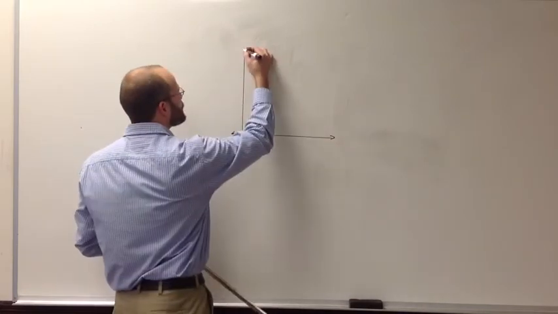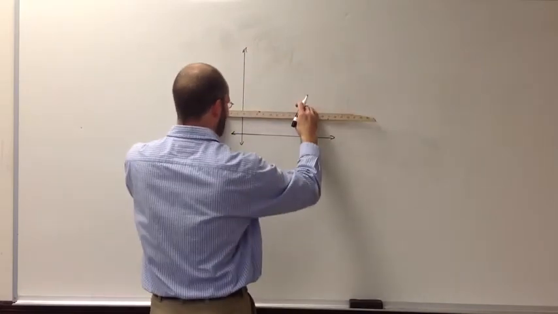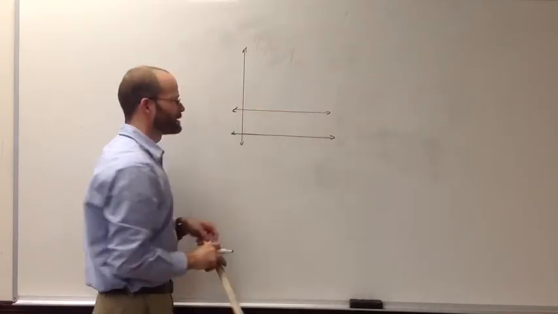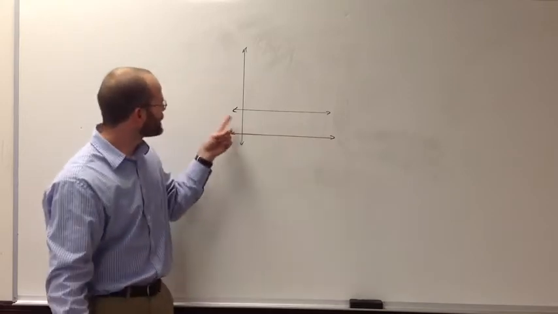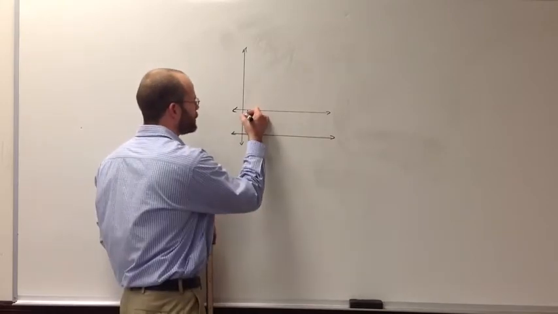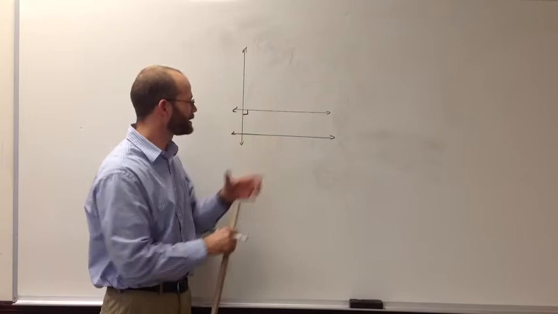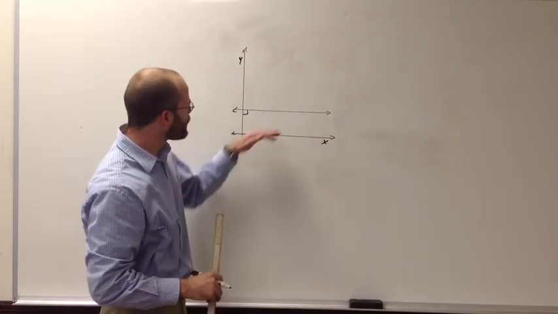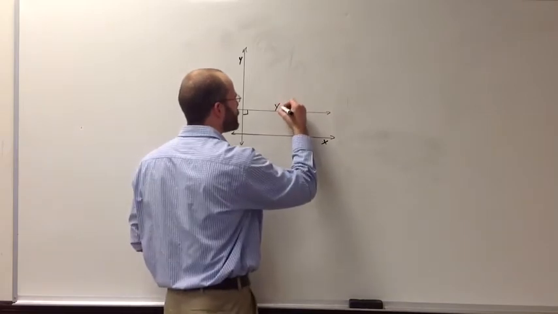So if this is my coordinate plane, suppose I look at this line right here. Let's just stipulate that it's a horizontal line. Let's stipulate that it's perpendicular to the vertical axis and parallel to the horizontal axis. We'll call that y equals 4.